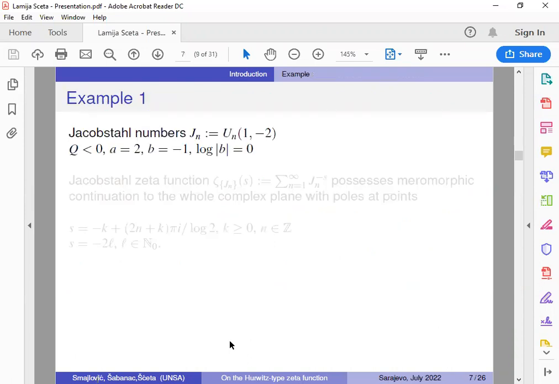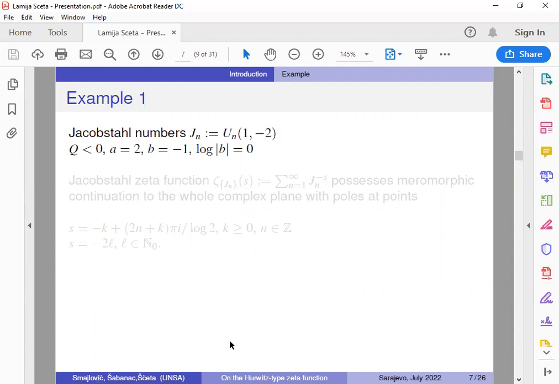Our first example: we took the special case when P is equal to 1 and Q is -2. For this case, we of course have Jacobsthal numbers. It's obvious that the roots of the corresponding quadratic equation are 2 and -1. Of course, the logarithm of the absolute value of -1 is 0.